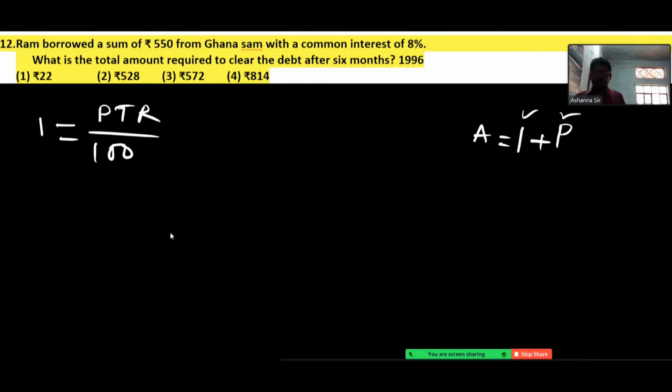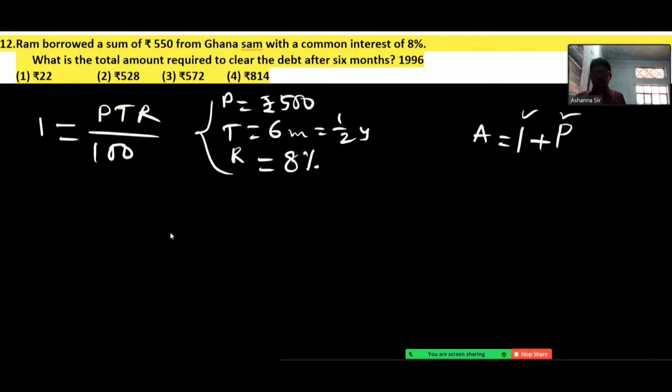In this, principal 550 rupees, time after 6 months. After 6 months means half year. Rate of interest 8%.